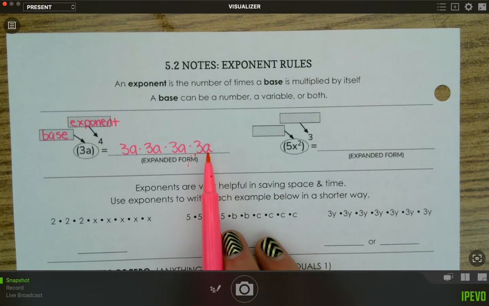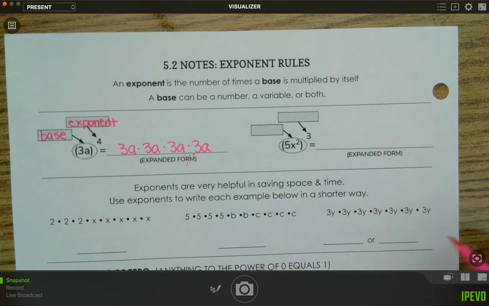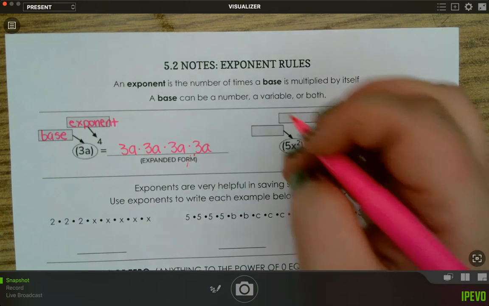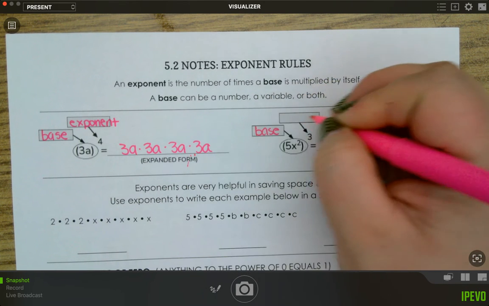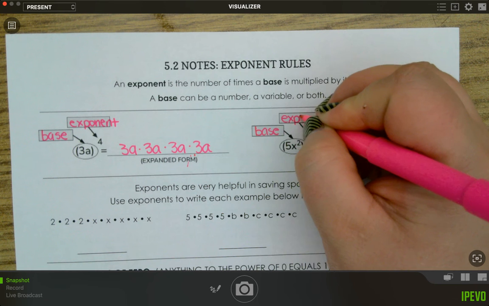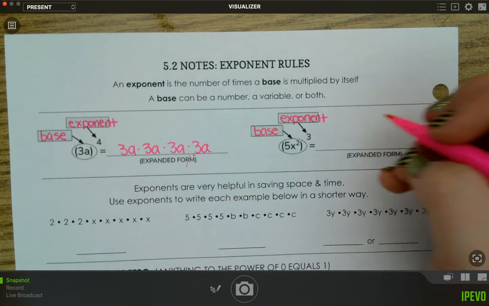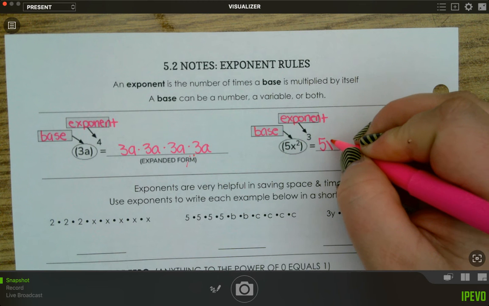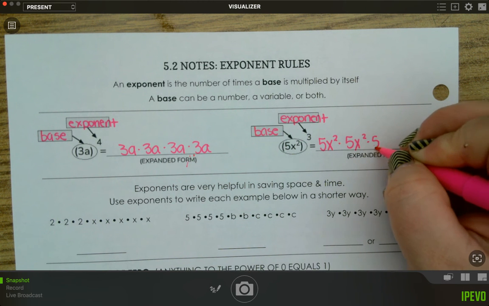The whole reason why exponents exist, though, is to avoid having to do this. Over here on the right side, 5x squared is our base, and 3 is our exponent. So we're going to have 5x squared times 5x squared times 5x squared.